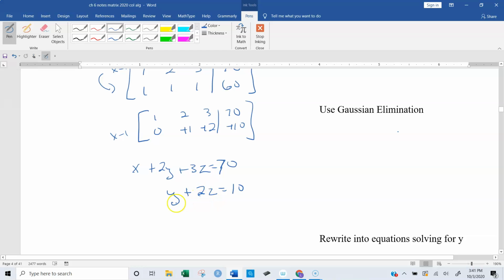All right, so again, it's easiest to solve for y. So y equals minus 2z plus 10. So now I know I'm in terms of z. So far, I know the z, and I know what y is.